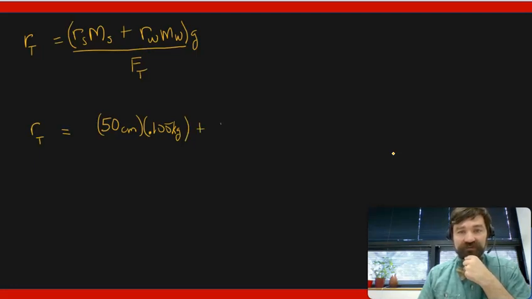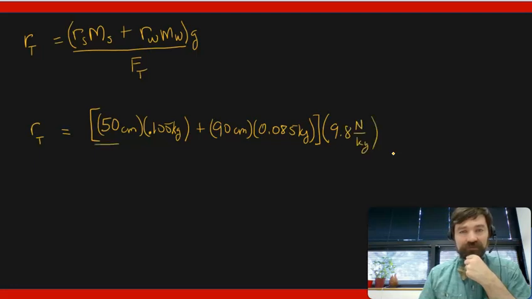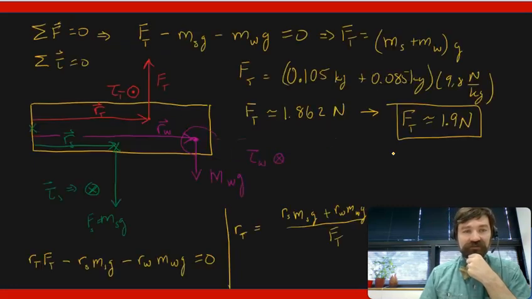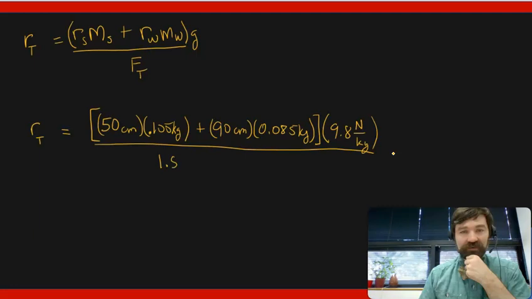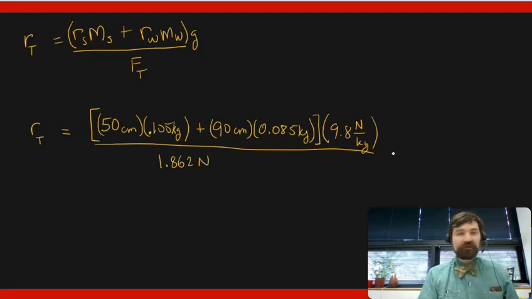To that I have to add the 90 centimeter for the weights times the 0.085 kilogram mass for the weights, and then all of that has to be times 9.8 newtons per kilogram, and then we have to divide that by, again, this tension force that we found. I'm actually just going to use this longer term since it's already in the calculator, 1.862 newtons.